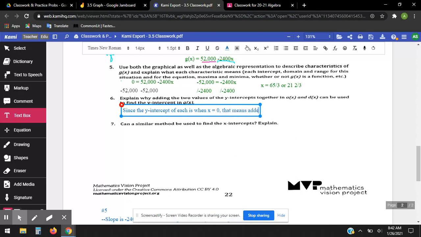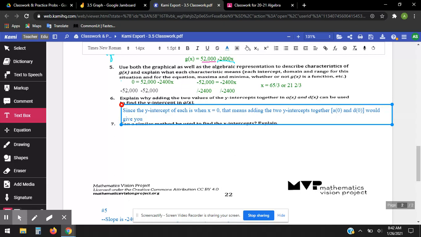That means adding the two intercepts together, as an example, a of 0 and b of 0 would give you g of 0, because that follows our equation for g's y-intercept.